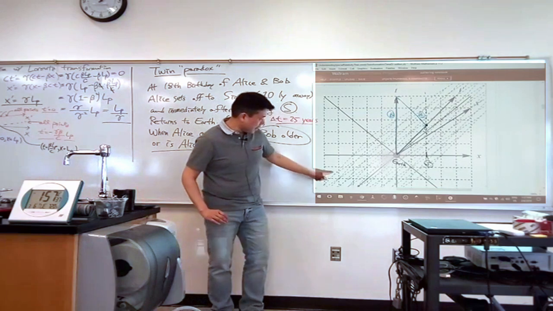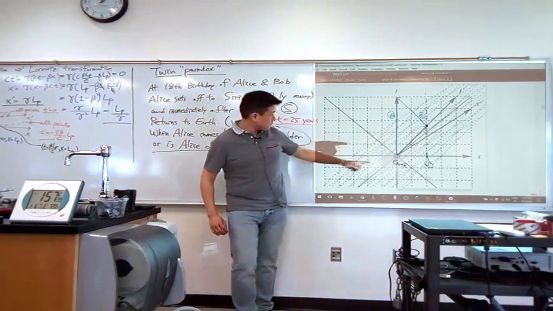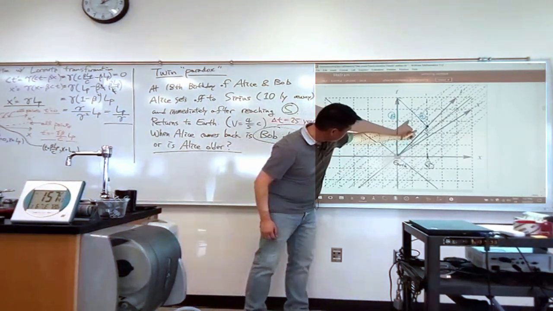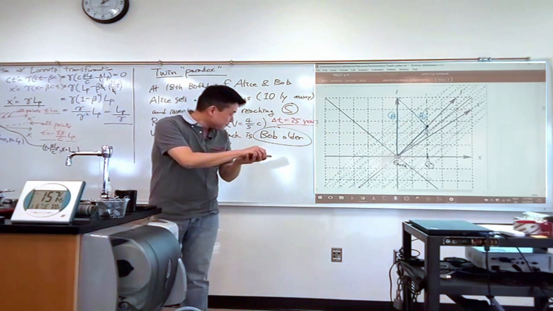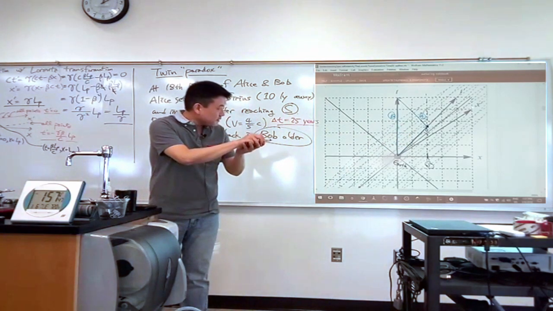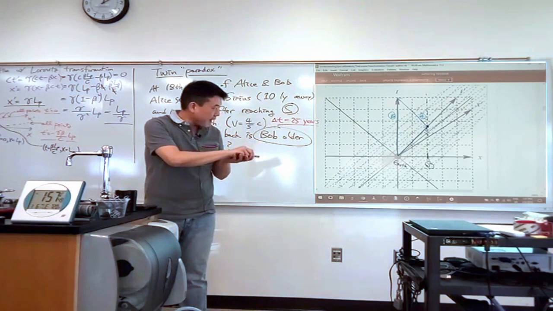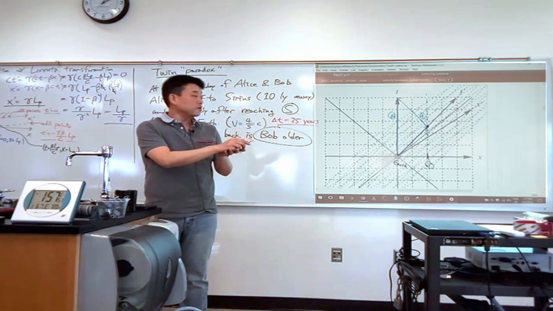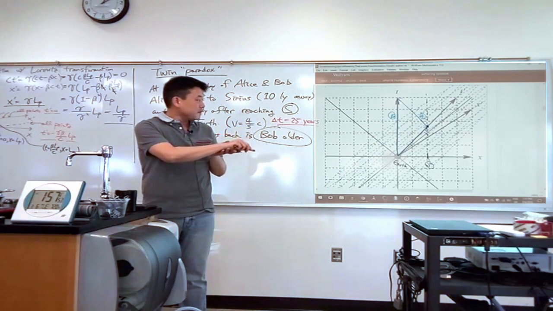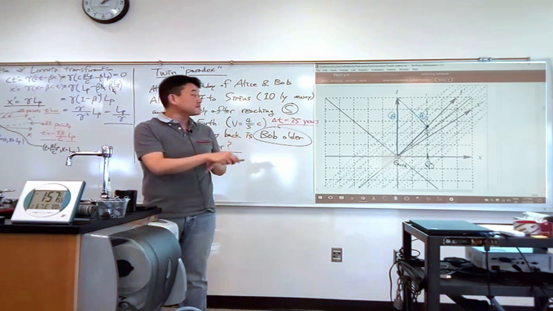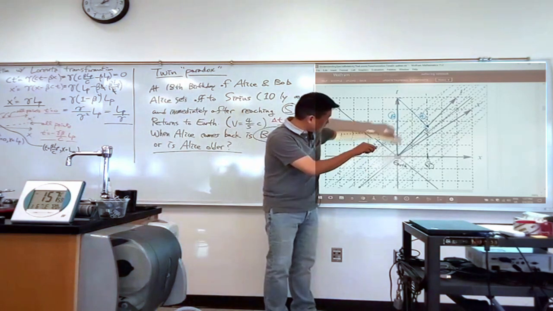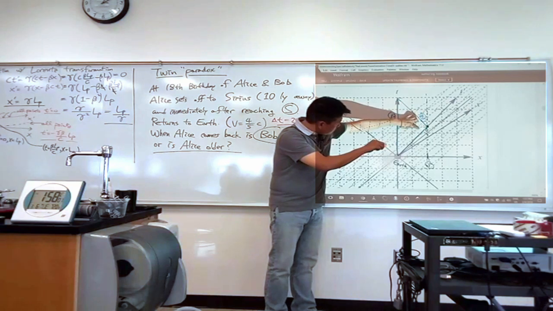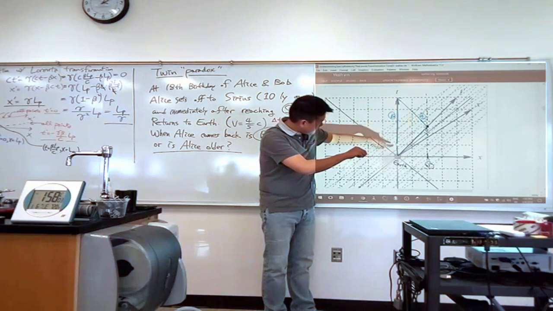But you see these blue lines here that are parallel to the x prime axis? That's what represents Alice's sense of right now. So when Alice is here, Alice's sense of right now is here.